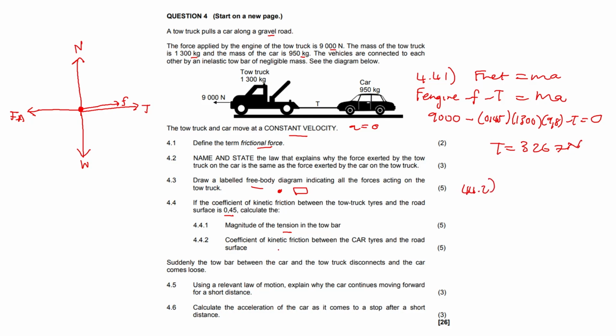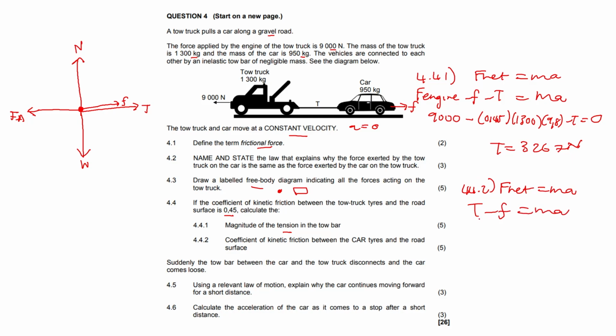4.4.2. Calculate the coefficient of kinetic friction between the car and the road surface. So again, we're going to use F net equals ma, but now we're going to look at the horizontal forces of the car. If you can see, we only have tension and friction acting on that car. So tension minus friction equals ma.